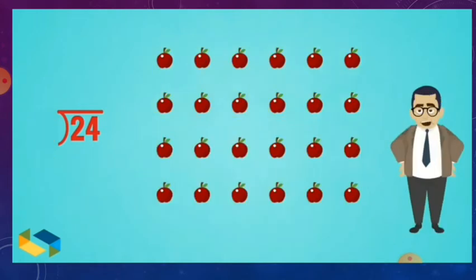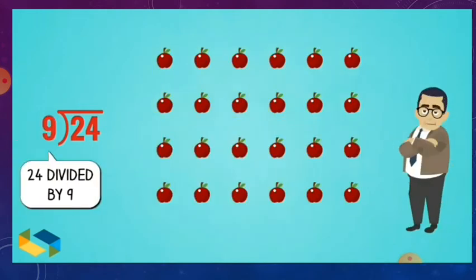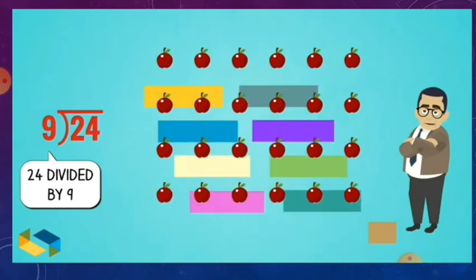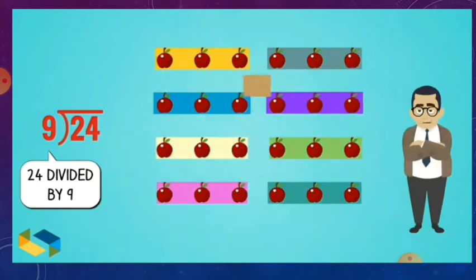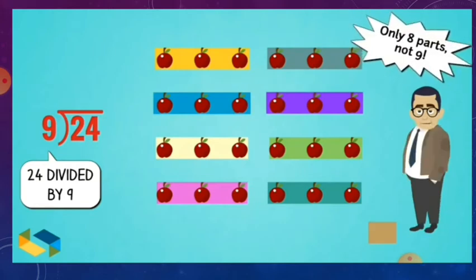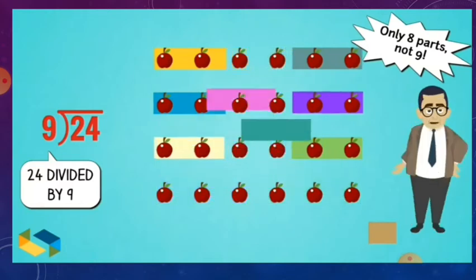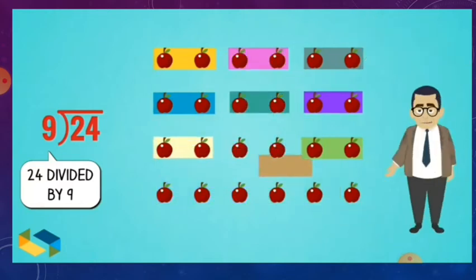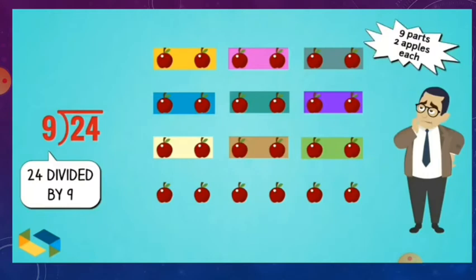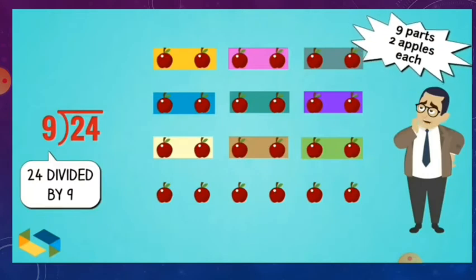Now let's look at 24 divided by 9. Let's see. With 3 apples in each, we can make 8 groups. But we have to divide 24 in 9 equal parts, don't we? So in order to make 9 equal parts, we get 2 apples exactly in each group.